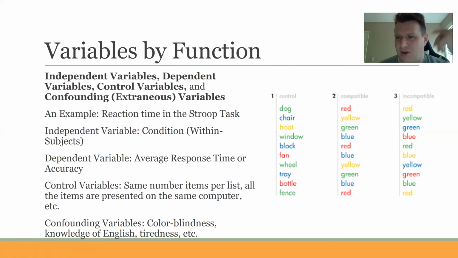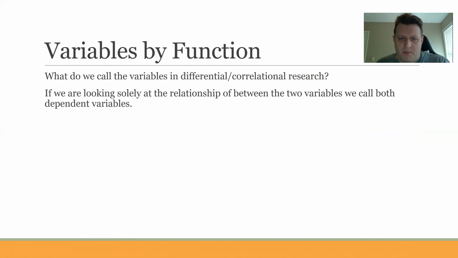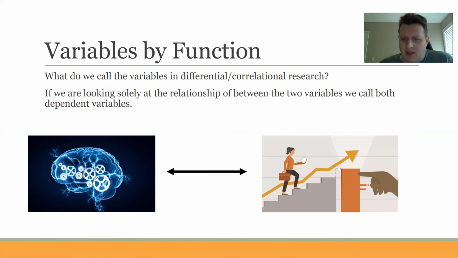All right, so here are some examples of those different variable types that are important for experiments. We've talked about those before, but what do we call variables if we're doing correlational or differential research? Let's say that we're looking at a correlation between two things, the relationship between intelligence and job performance.